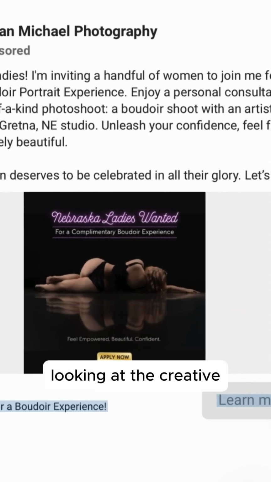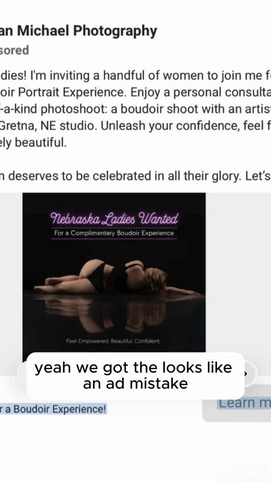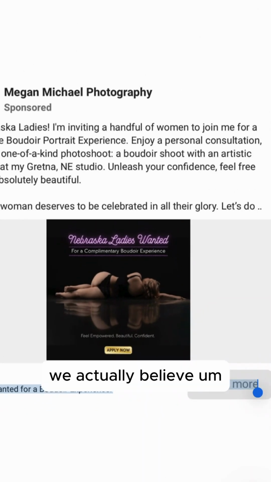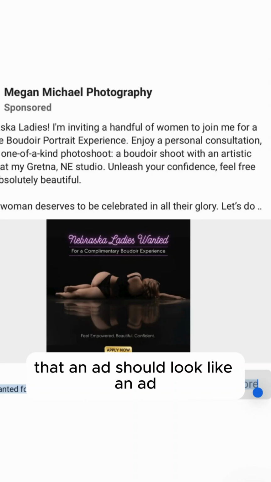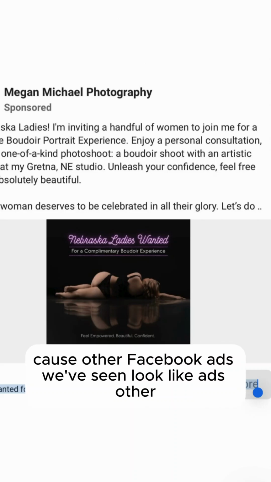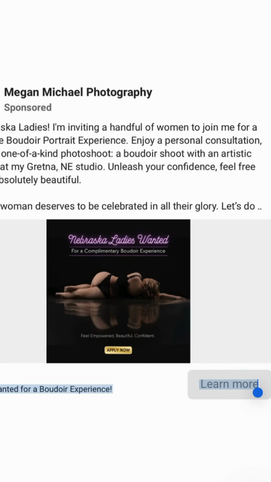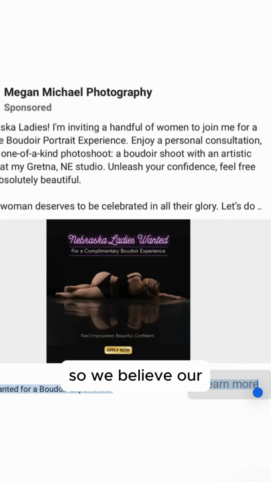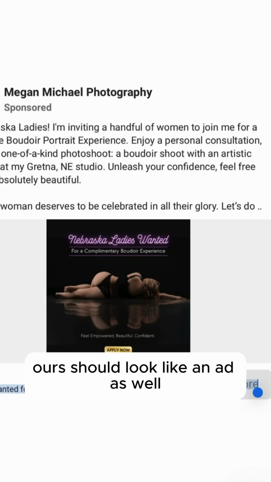Finally, looking at the creative. Yeah, we got the looks like an ad mistake. The false belief that causes us to make this mistake is we actually believe that an ad should look like an ad because other Facebook ads we've seen look like ads. Other Boudoir Facebook ads, other ads on Facebook, and so we believe ours should look like an ad as well.